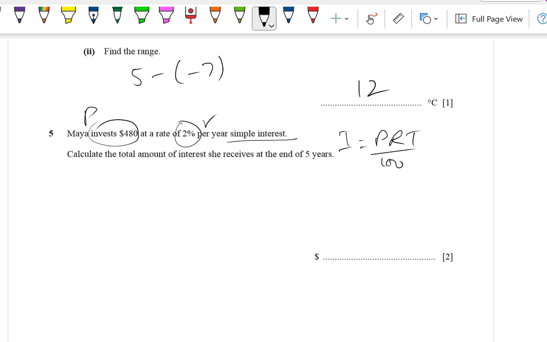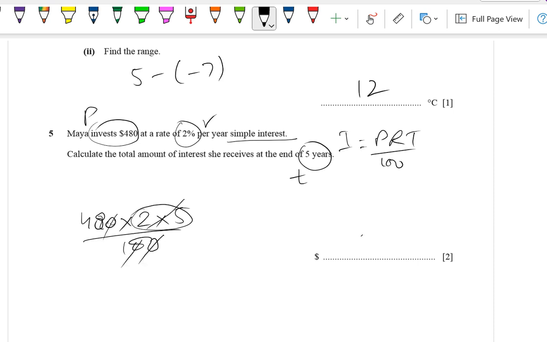This is your rate, and this is the time. 480 times 2 times 5 over 100. So this is 10. 48 would be the answer.